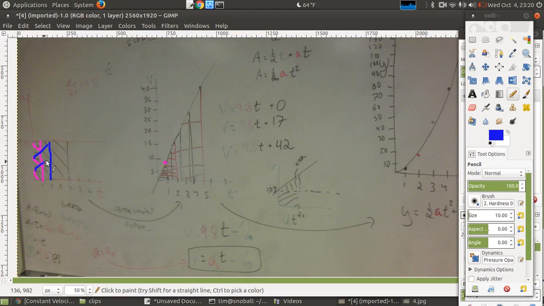Notice I'm including the purple area. If I add that area to my initial velocity, v0, I would get 19.6 as my velocity. And that's what I'm doing here.